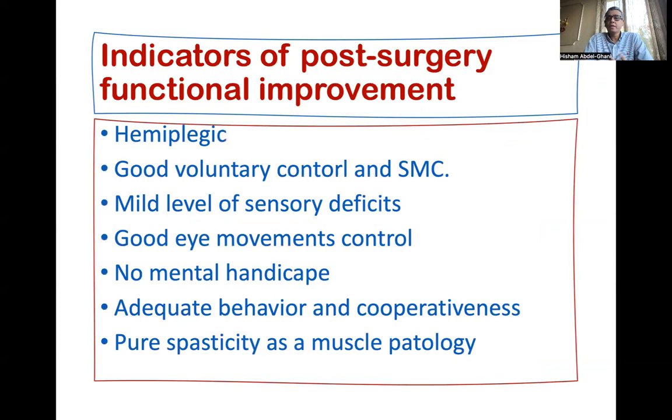The best patients or the patient who will benefit functionally of the surgical intervention are the hemiplegic patients who have good voluntary control and selective motor control, mild level of sensory deficit, good eye movement control, no mental handicap, and adequate behavior and cooperativeness, and pure spasticity as a muscle pathology or isolated spasticity.